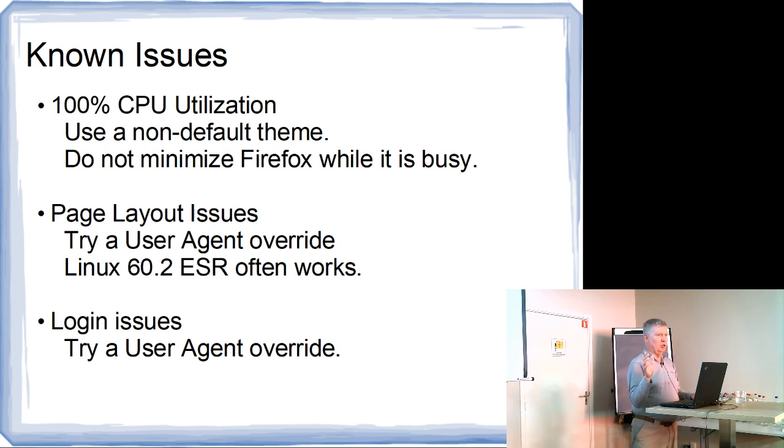And the solution is simple: switch to another tab, and they go away. But that relates to that vsync issue. And then the theme, which also might relate to it because it's potentially a painting issue. And like I said before, don't minimize Firefox while it's doing stuff.